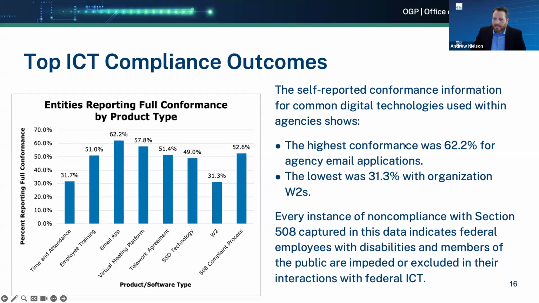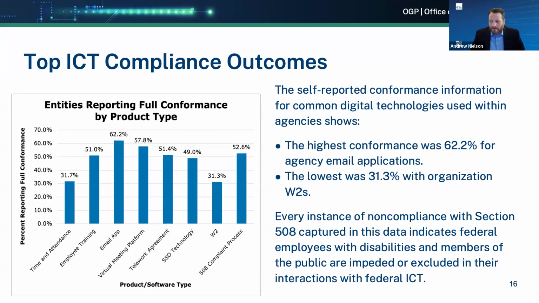Maybe a little bit busier slide, but by product type, we also asked about more specific types of information and communication technology. I probably won't go through each of these, but we asked about the enterprise time and attendance system, mandatory training, the email application, and the W-2 form that agencies provide to their employees every year so that they can do their taxes.